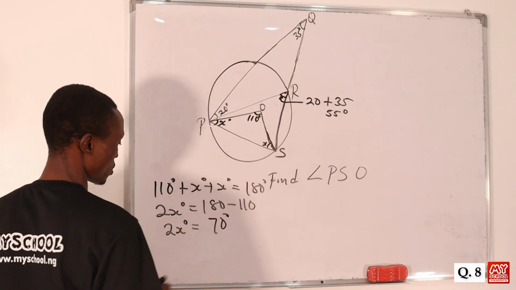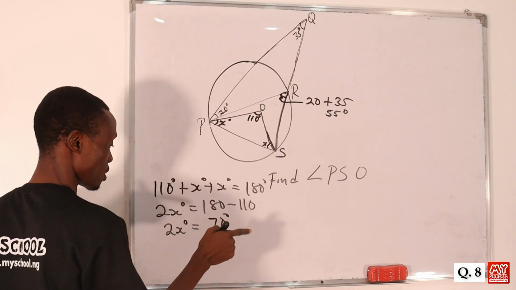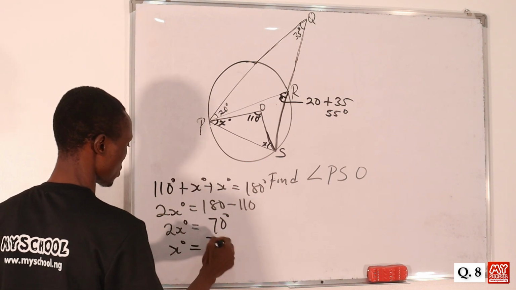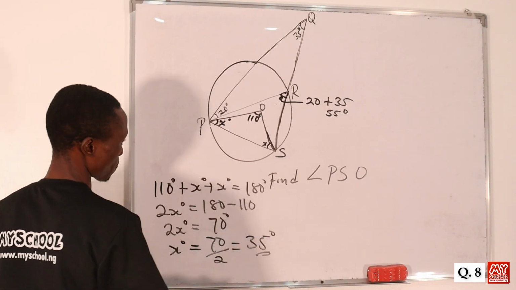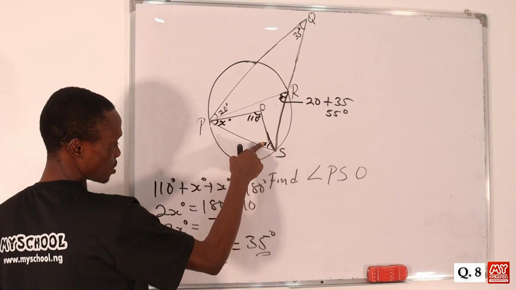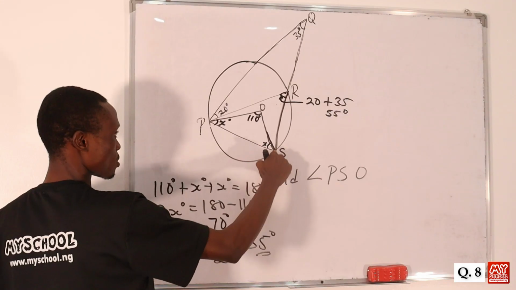So here we have 70 degrees. Since we are looking for just one of the s, we divide both sides by 2. So s degrees is equal to 70 divided by 2, and that will be equal to 35 degrees. Okay, so the angle PSO is actually equal to 35 degrees, because this is the angle we are looking for, PSO.